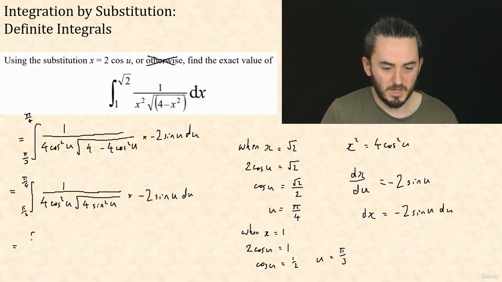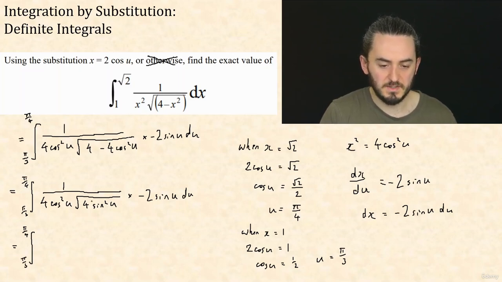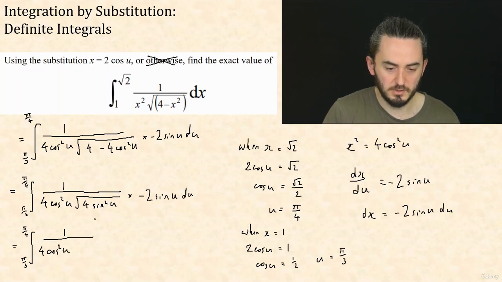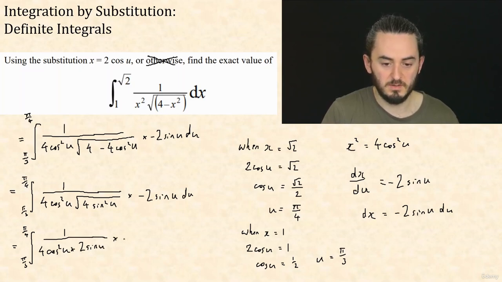Okay, I think I can get one more line in here before I'm going to need some more space. So minus, pi over 4, pi over 3. And now what can we do? Well, let's deal with that square root. So I've got 1 over 4 cos squared u. And then what we've got here is just 2 sine u. It's the square root of 4 and the square root of sine squared u, multiplied by minus 2 sine u du.